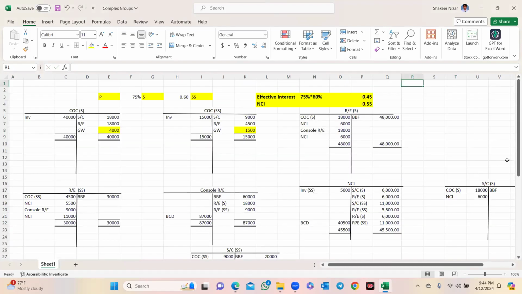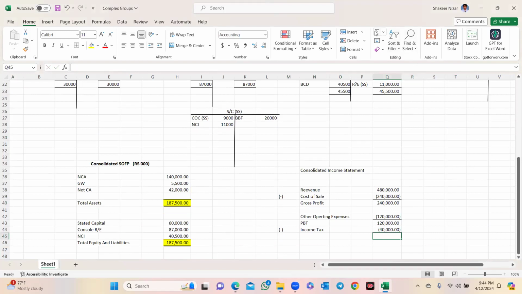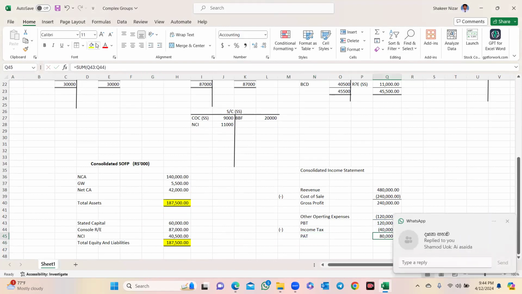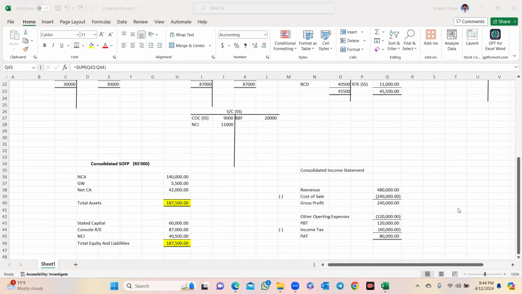Income tax, then profit after tax, PAT. Profit after tax.